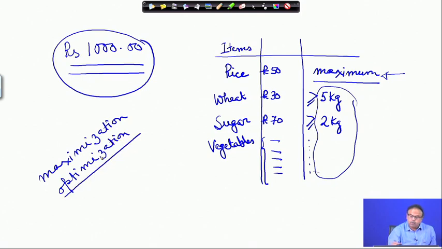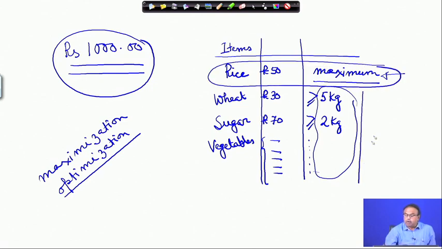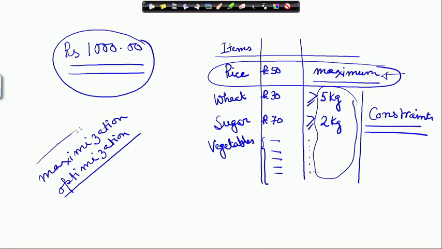That means, I want to maximize the amount of rice that I want to buy, but these are the constraints that I have to satisfy. After satisfying these constraints, how can I maximize this? So, this is another type of problem, a relatively much simpler maximization or optimization problem.